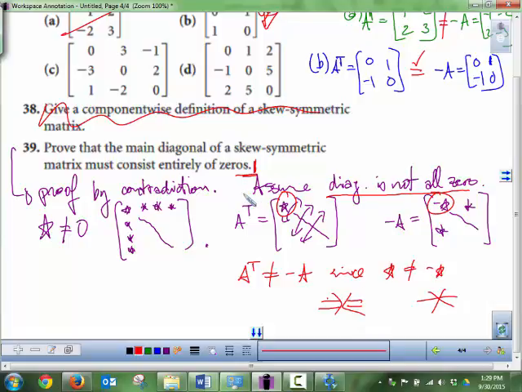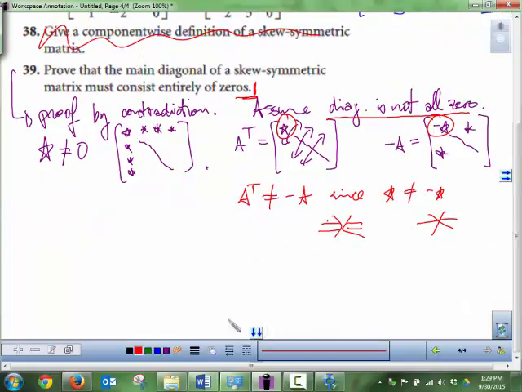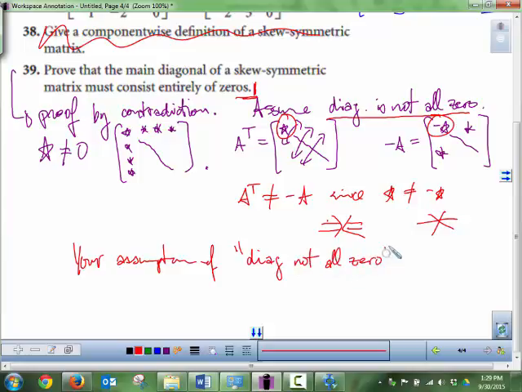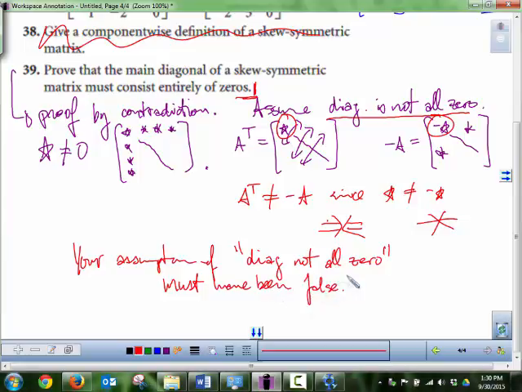Therefore, your assumption of diagonal is not equal to 0 must have been false. So that's how we do contradiction.